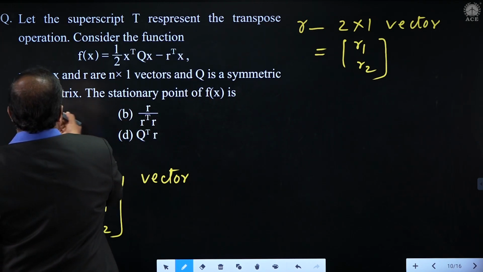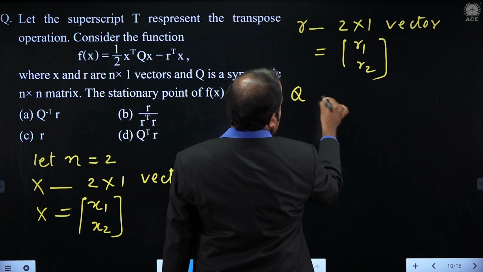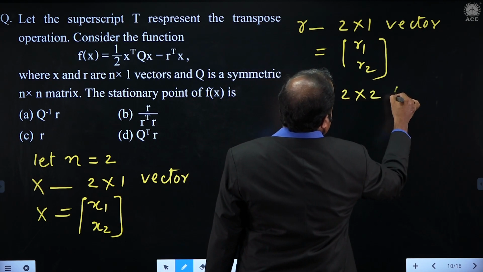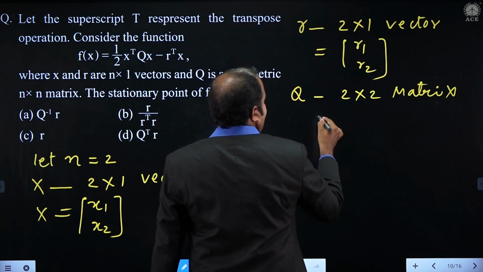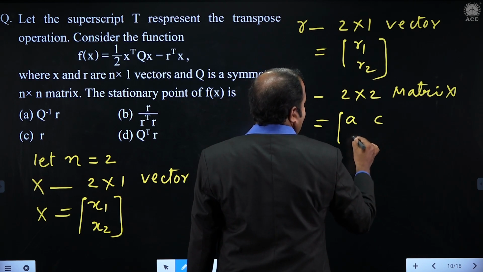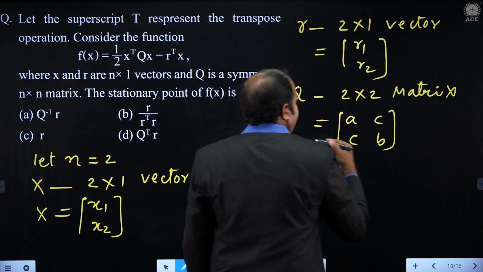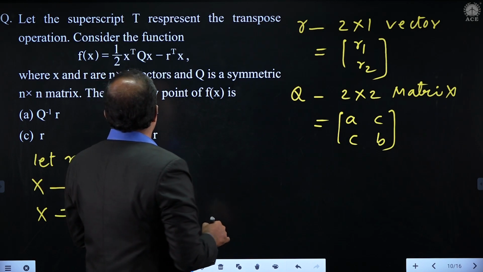Our Q is an n by n symmetric matrix. So, Q is a 2 by 2 symmetric matrix. So, let us take Q as A, C, C, B. It is a symmetric matrix, that is Q transpose is same as Q only.